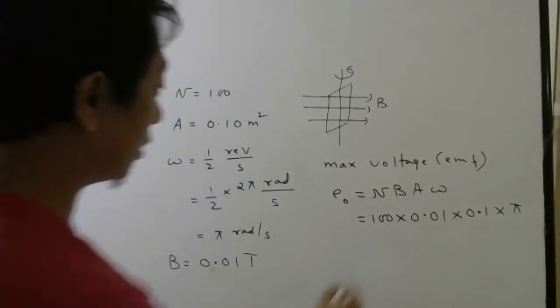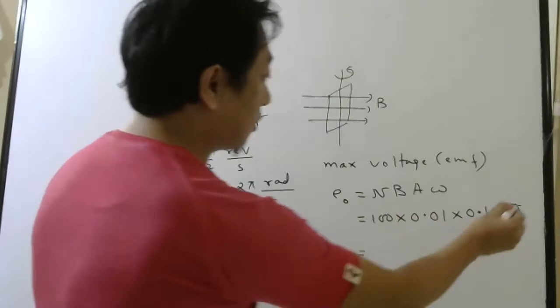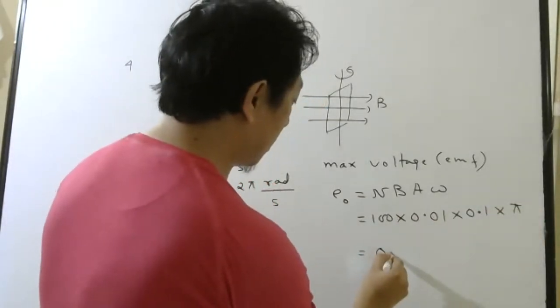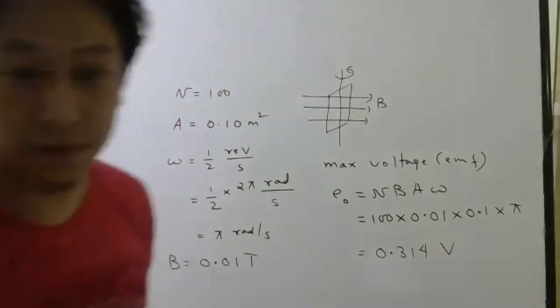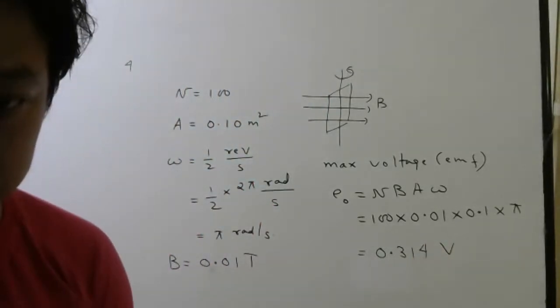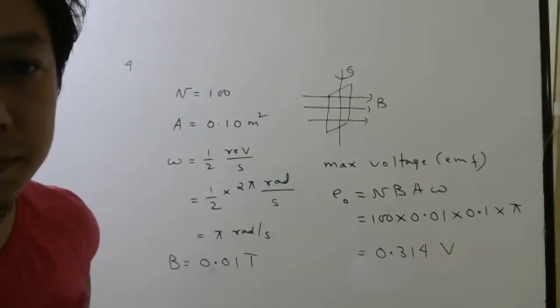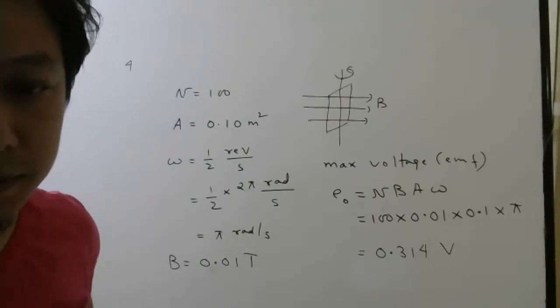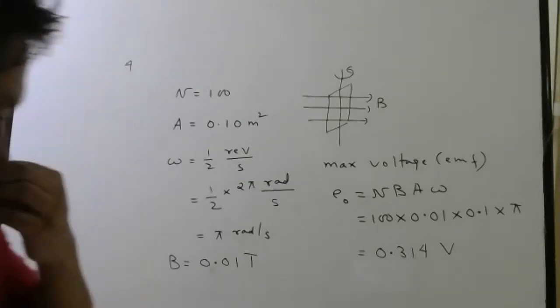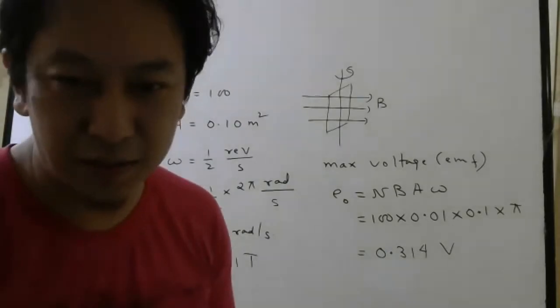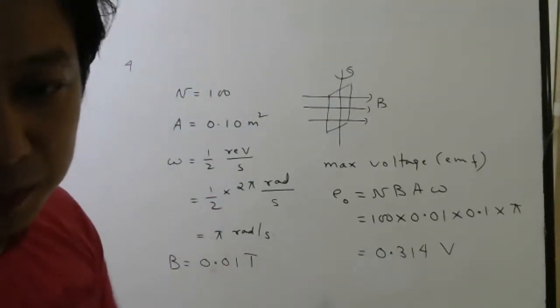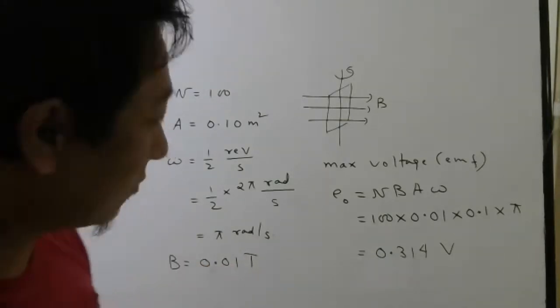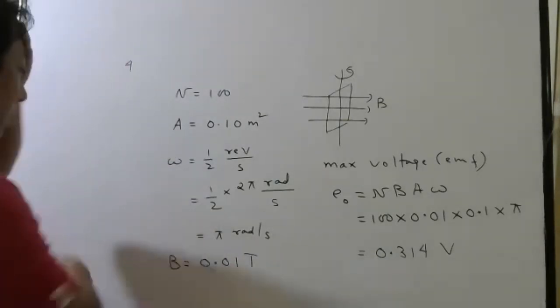This will be 1. This is 3.14, so 0.314. Correct, students? Very small voltage, okay? So you can't light a bulb and all with this kind of voltage, very small. Done?